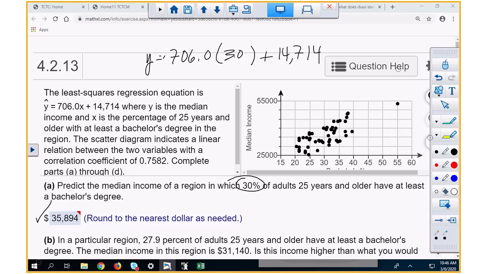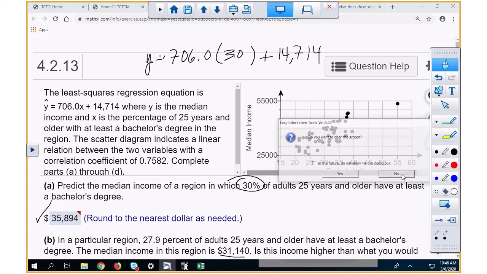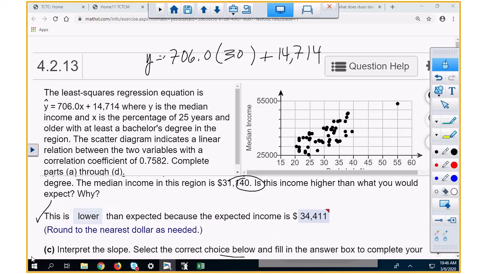When you plug in 27.9, is it higher or lower than 31,140? It's higher. Okay. So I'm going to put, this is lower than expected, because your outcome is 34,411 and this is lower. So that's why you put lower right there.